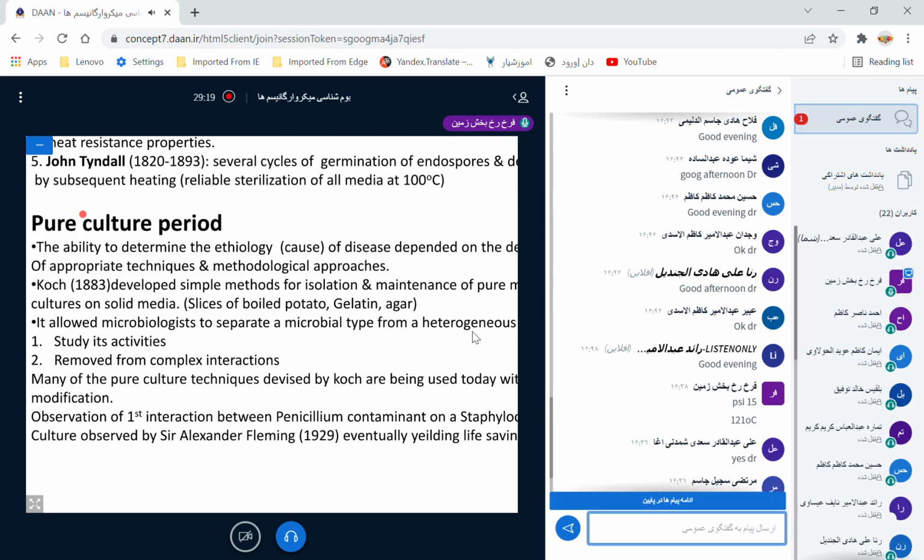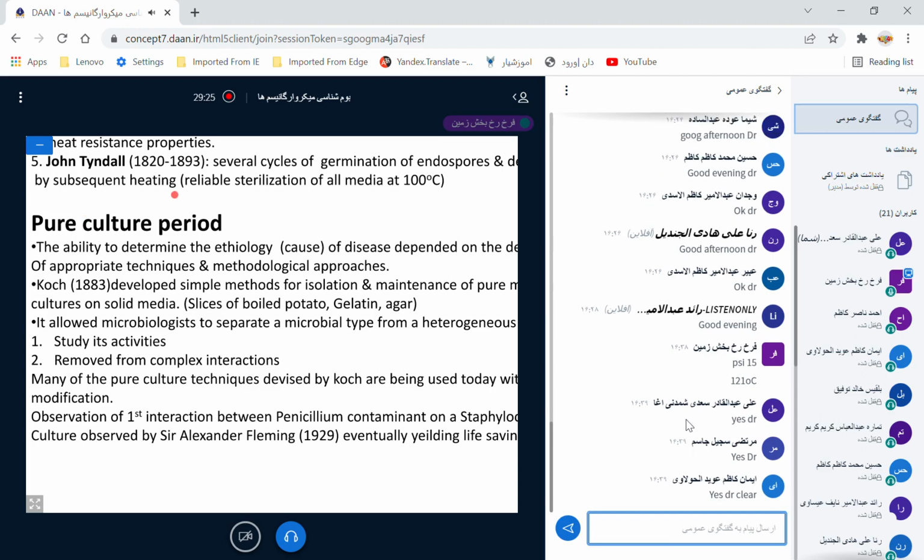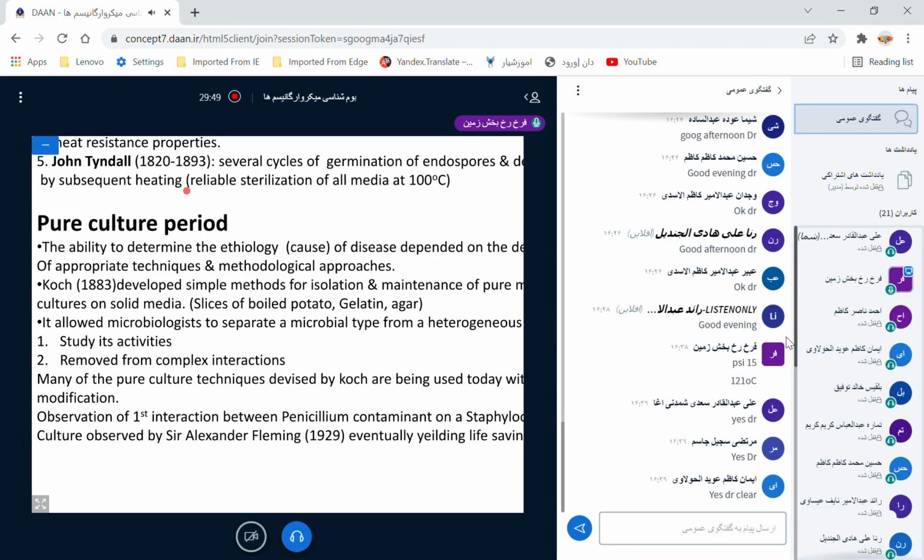So at first, when microbiology started, it was only liquid media. And there was a problem. In liquid media, any sample from soil or from water contains mixed cultures.